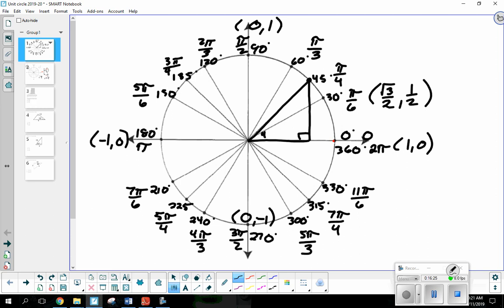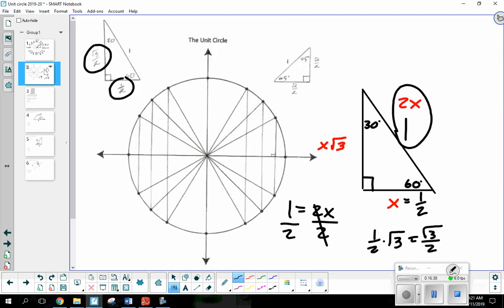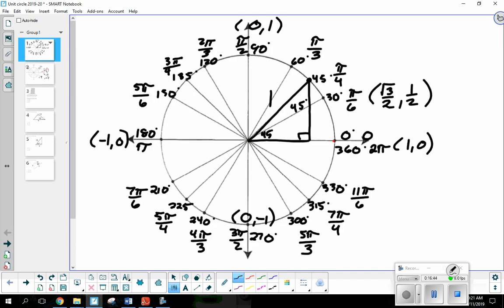Yeah, that's 45 degrees. So that means this other one's got to be 45. Now, we're on the unit circle, so I know the radius, that hypotenuse, is 1. So now it's a 45-45-90. What should the legs be on this triangle? They're both square root of 2 over 2. So I know this length is square root of 2 over 2, and I know this height is square root of 2 over 2.